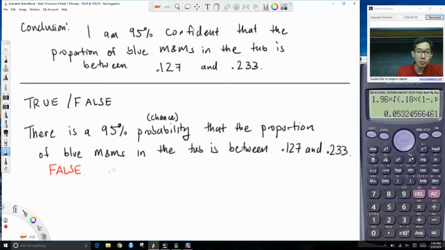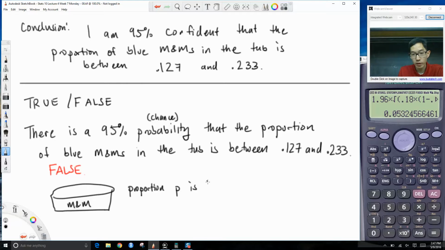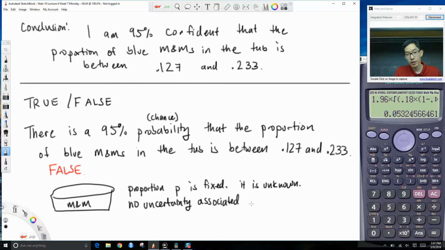When we're talking about the proportion of blue M&Ms in the tub, once we have this bucket of M&Ms, the proportion p is some fixed value. It is not known to us. It is unknown, but there is no uncertainty associated with p, because p is just the result of counting up all the pieces of M&Ms in here and counting how many are blue.